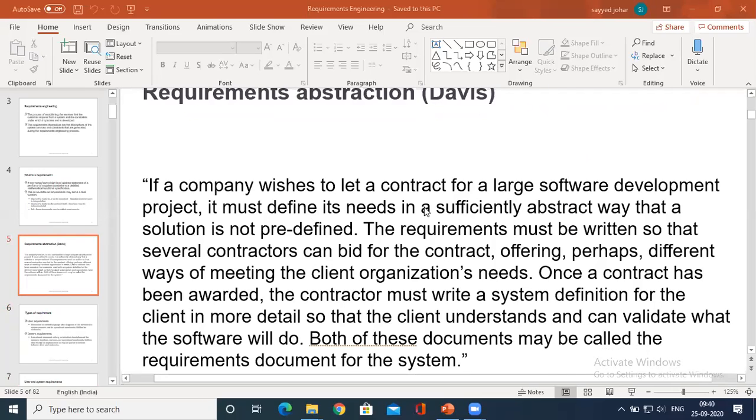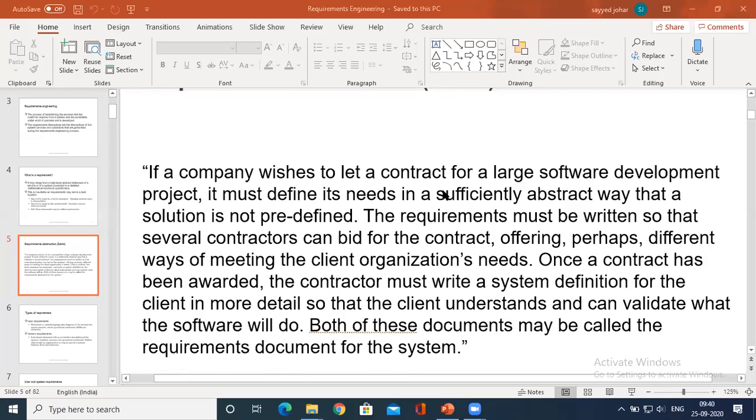There are some conversations. Once a contract has been awarded, the contractor must write a system definition for the client when they deliver it, so that the client will understand and can validate: can this requirement be satisfied? Can this requirement be converted into a software?